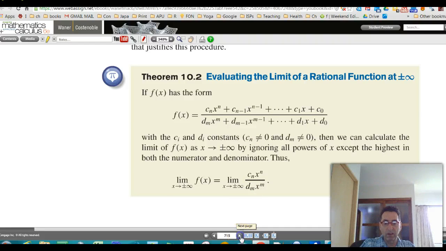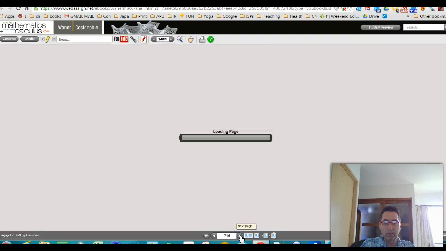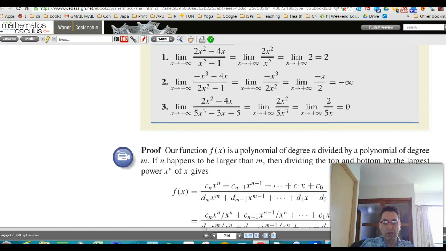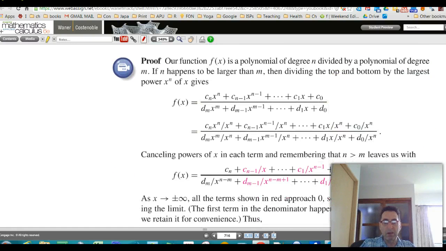And what else? So here are some examples. You can look at those. And here's the proof of that theorem that we just looked at. So what they do, just to quickly explain, is they take the highest power.